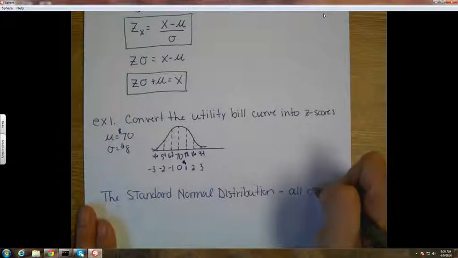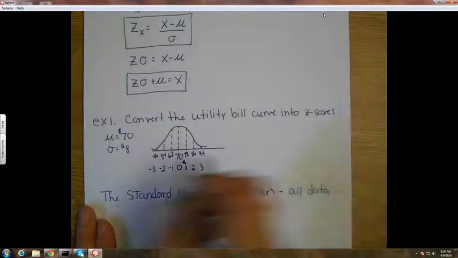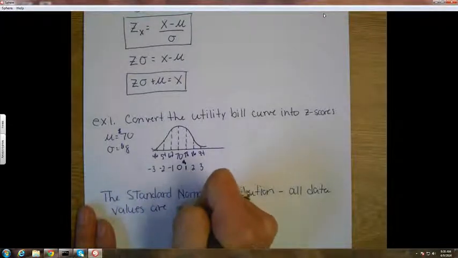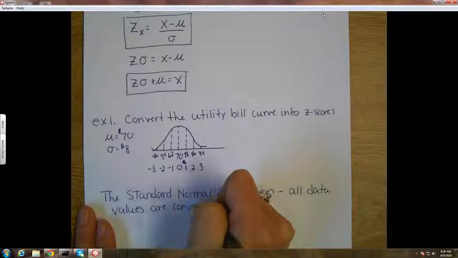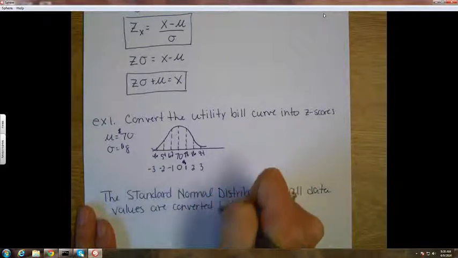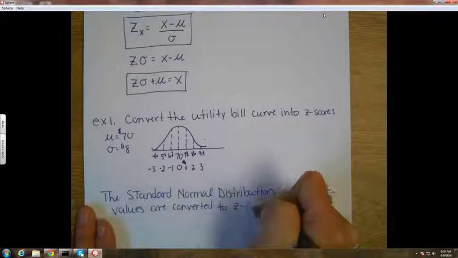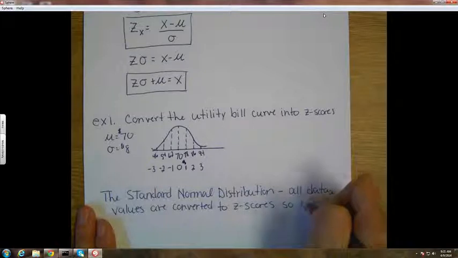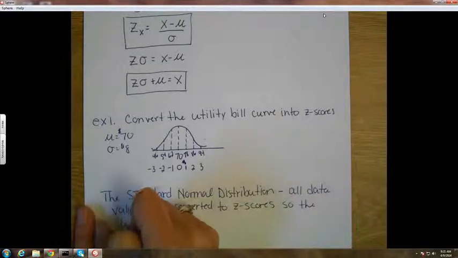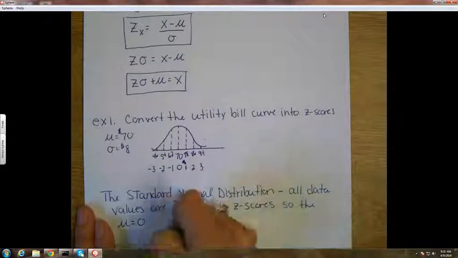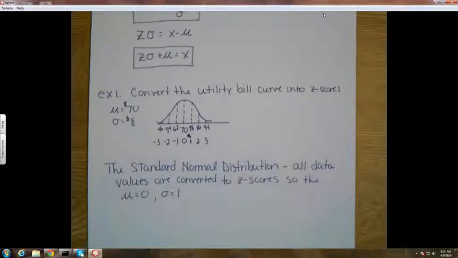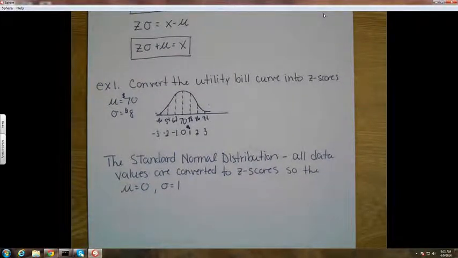All data values are converted to z-scores so the mean will equal 0 and the standard deviation will equal 1. So there's only one standard normal distribution, but there's a lot of normally distributed data.